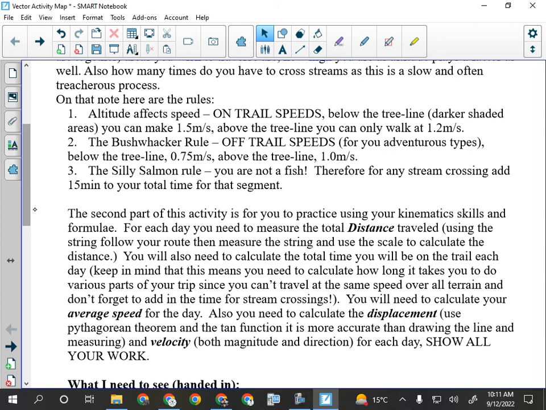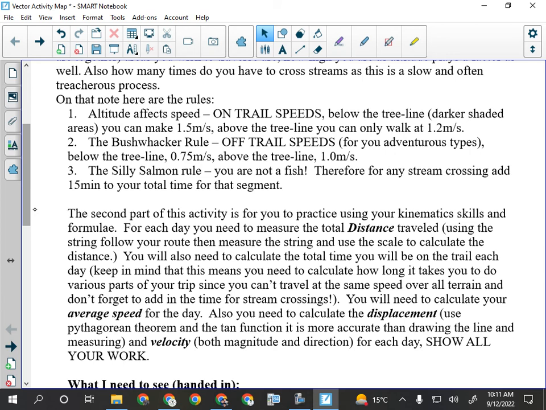The benefit of being on the trail is that stream crossings are not a factor, because if you're on a trail, there will be a bridge. Number 2, the bushwhacker rule. If you go off trail below the tree line, you can move at 0.75 meters per second. Above the tree line, 1.0 meters per second.